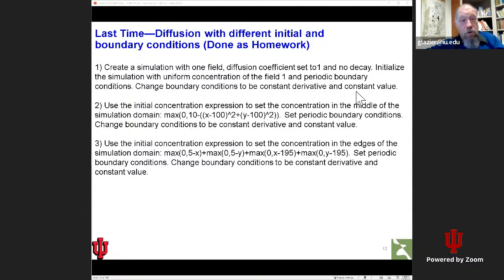And again, one of the whole points of CompuCell is to let you play. And I realize that when you're learning it, it may seem like play is not what you're doing. This is not fun. But in fact, I would say that the kinds of things we're doing are like learning a language. Learning grammar and vocabulary is not fun.